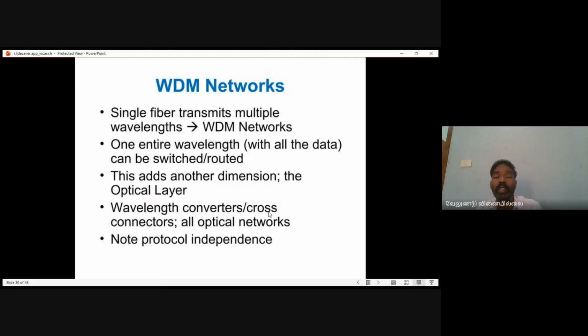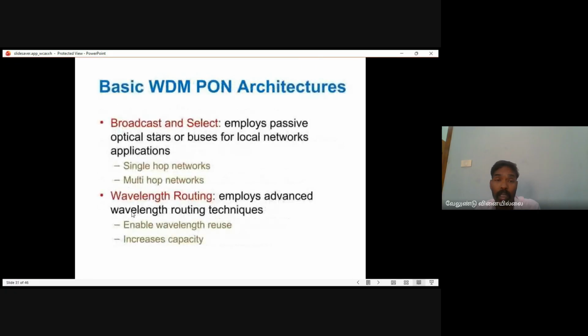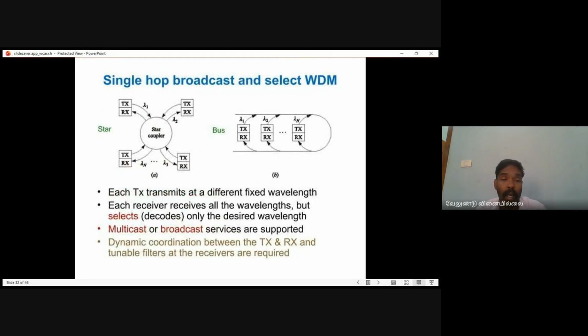So wavelength converters, cross connectors, optical networks, and protocols are independent. This is the architecture, the broadcast and select and wavelength routing. This is the architecture of the single hop broadcast and select WDM based architecture. It has a star coupler and a bus coupler. The star coupler and bus are ready for multicasting and broadcasting.